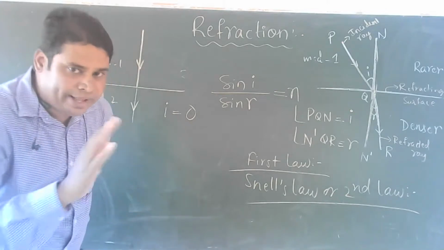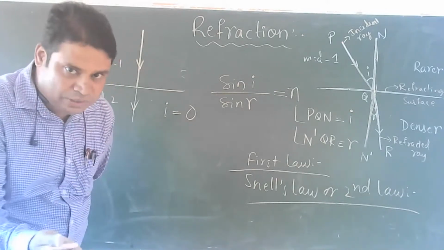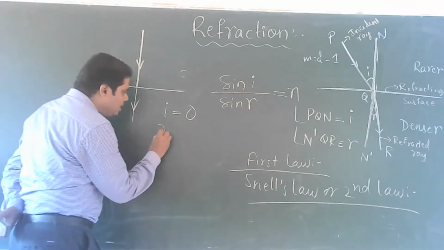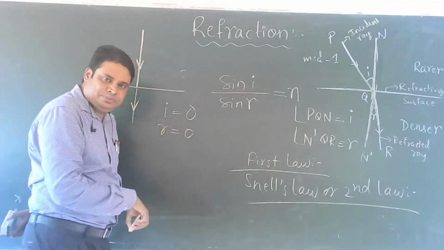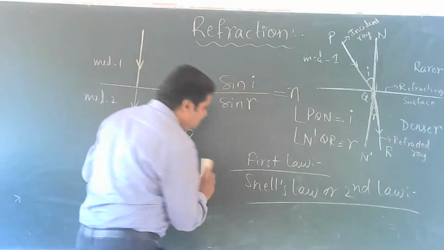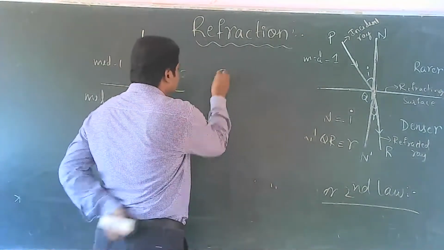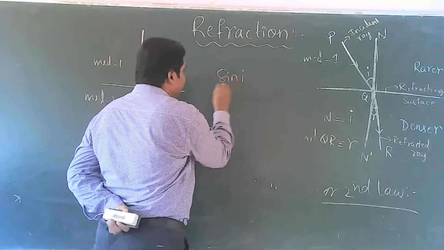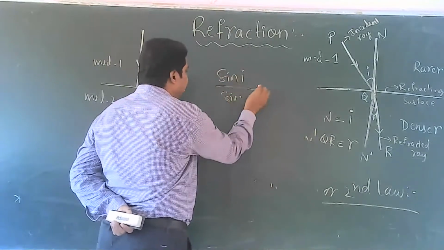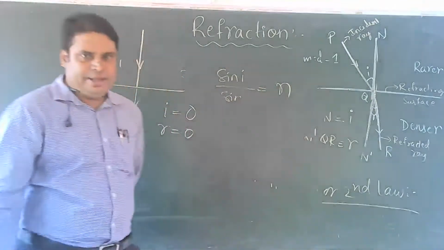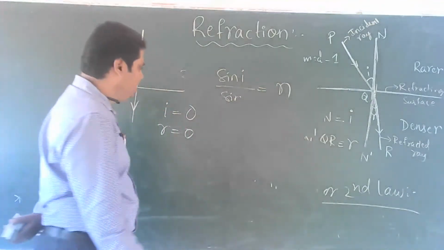We have to measure all the angles with respect to the normal only. There is no question of angle. i is 0. What about r? It is also 0. What about Snell's law? sin i by sin r is equal to n, I have written n alpha. Let us discuss, is it exactly n or not?